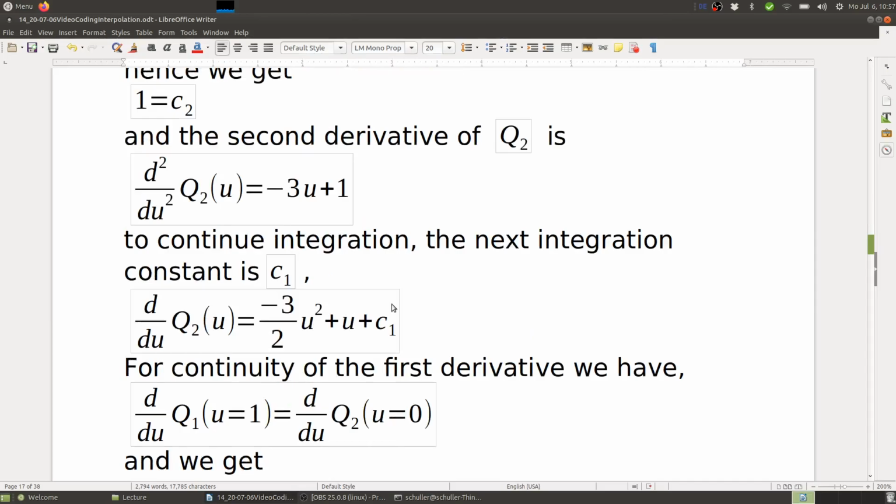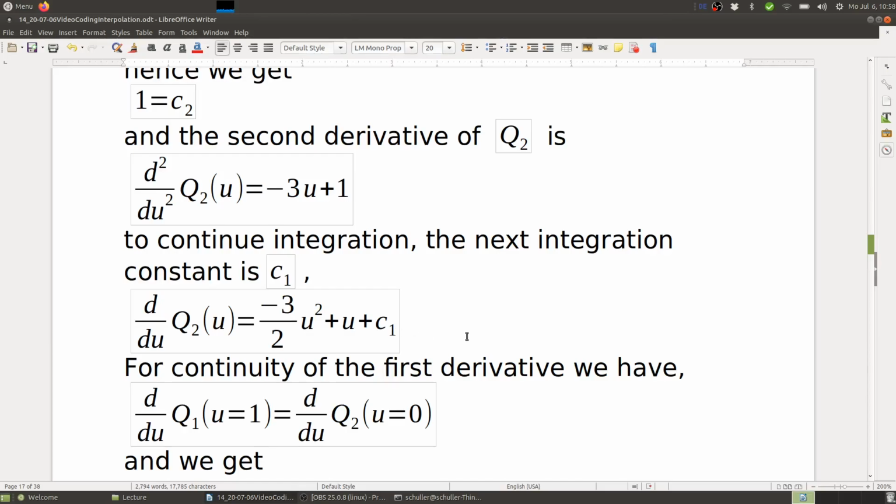So now we can obtain the first derivative by integration and the integration constant C1. Right? This integrated gives us -3/2 times u squared plus u, plus our C1.